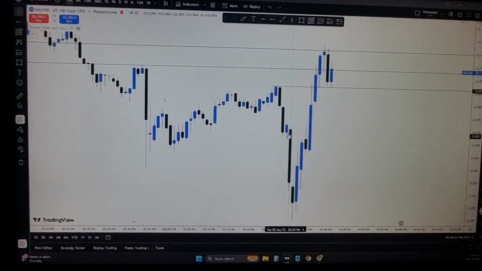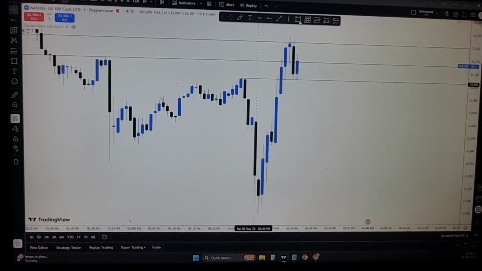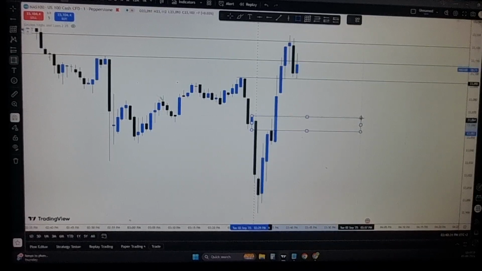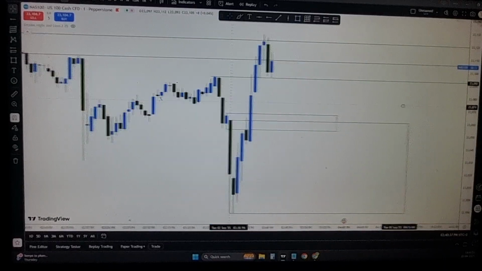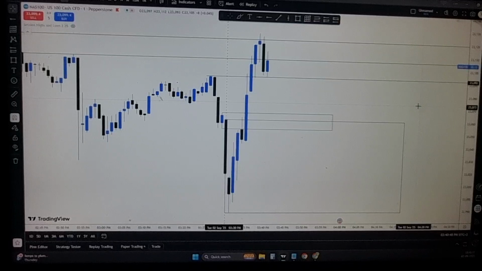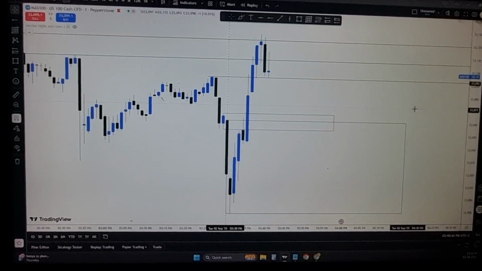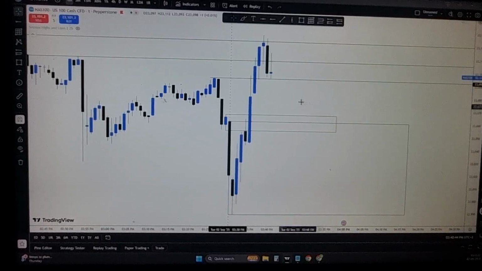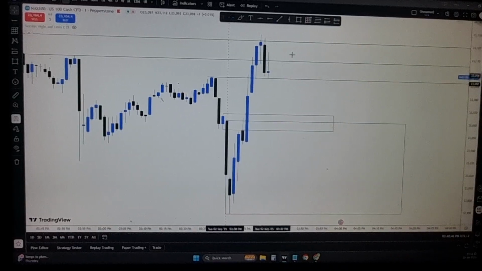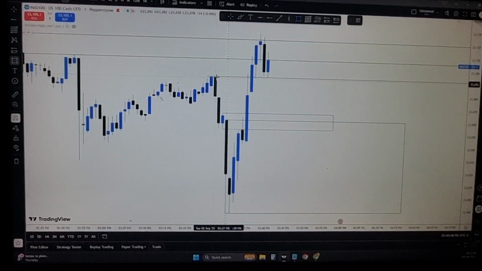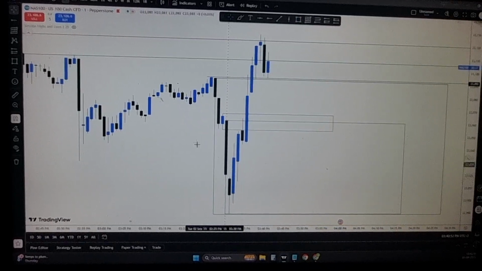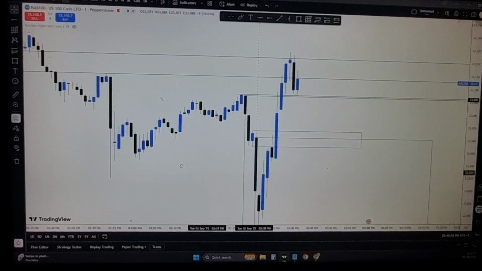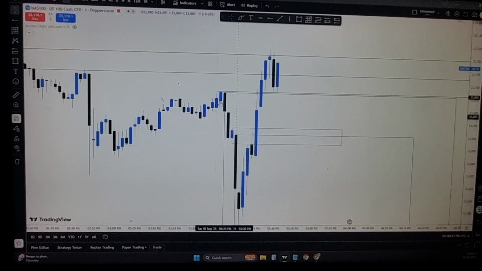Okay, so we do have this breaker. This is an order block. Okay. We also have, this is also an order block actually. All this move down prior to the liquidity sweep is the liquidity sweep.